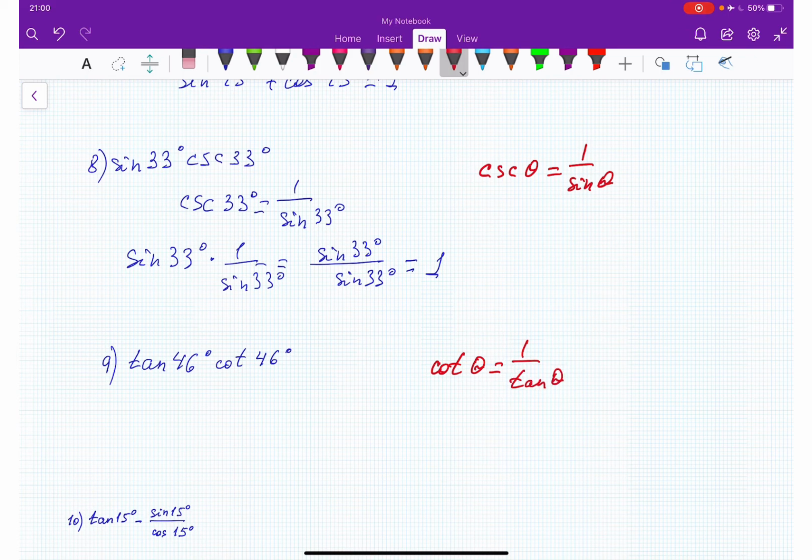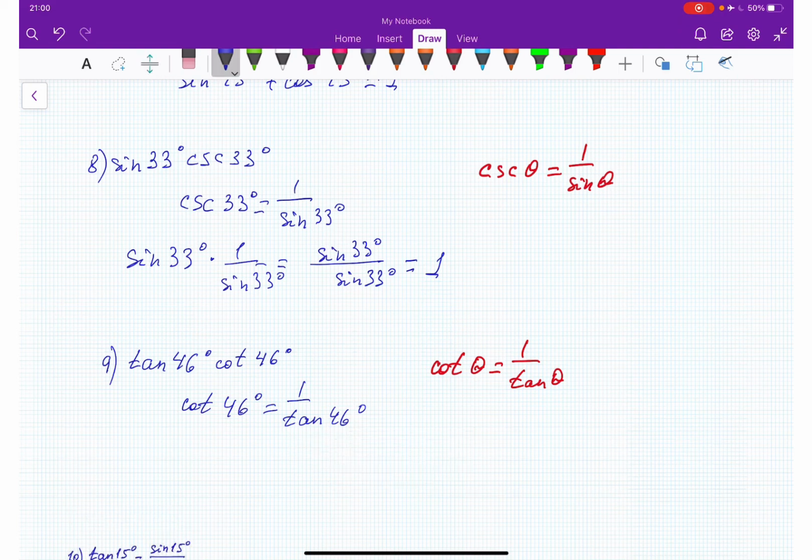All right, so I can write that cotangent 46 degrees is equal to 1 over tangent 46 degrees, correct? So from here I can write tangent 46 degrees times 1 over tangent 46 degrees.